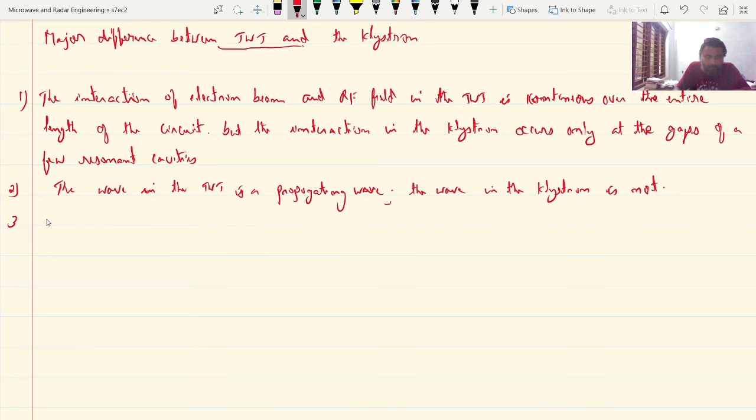The third point: we have two categories. One is the helical traveling wave tube, and the other is the coupled cavity traveling wave tube.